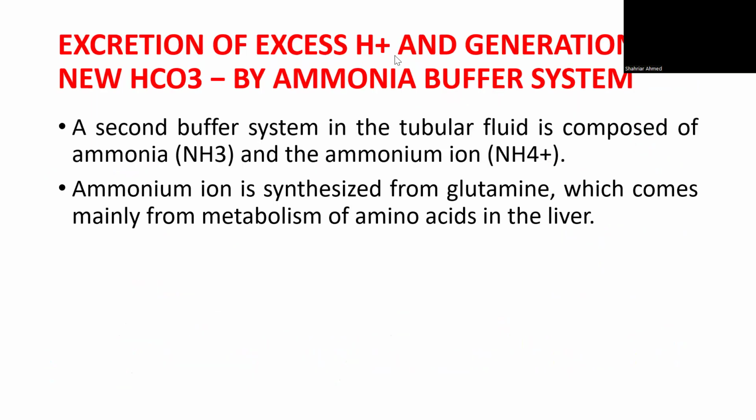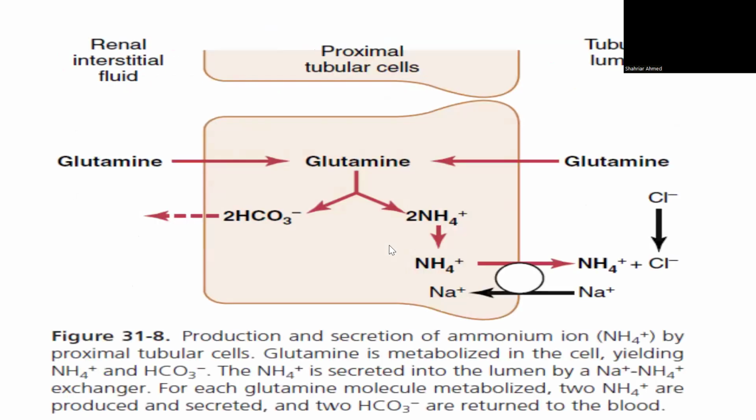Excretion of excess hydrogen ion and generation of new bicarbonate ion by the ammonia buffer system. There is another buffer system, ammonia. The second buffer system in the tubular fluid is composed of ammonia and the ammonium ion. Ammonium ion is synthesized from glutamine. This comes mainly from metabolism of amino acids in the liver.